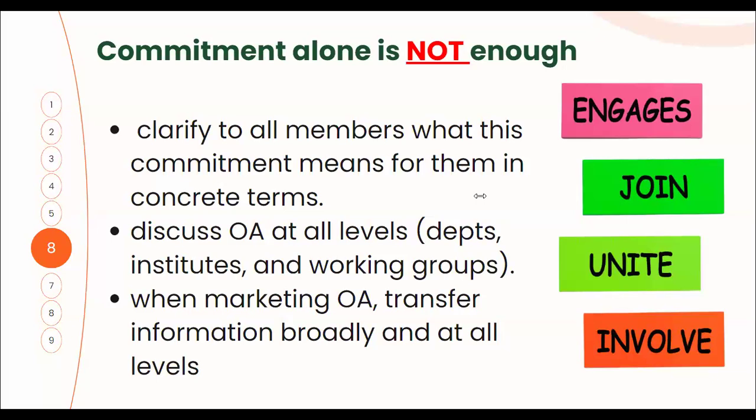This is not what I'm saying, actually. I'm saying if you have the time and effort and the money, I mean the funding and everything, to do a comprehensive open access policy, just go for it.